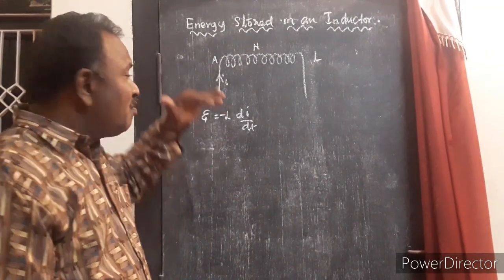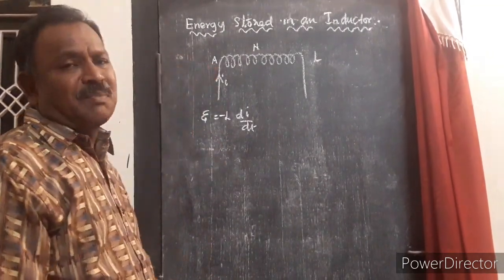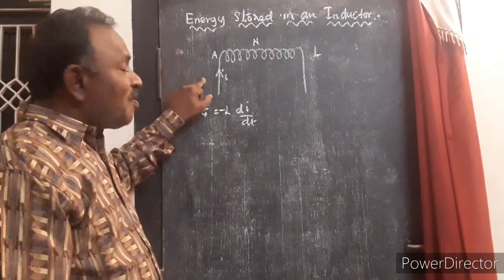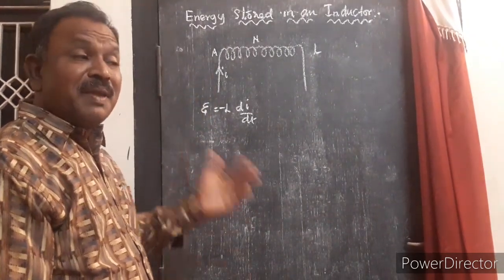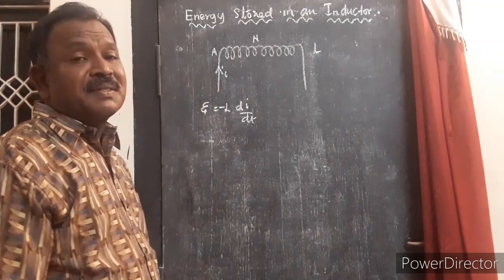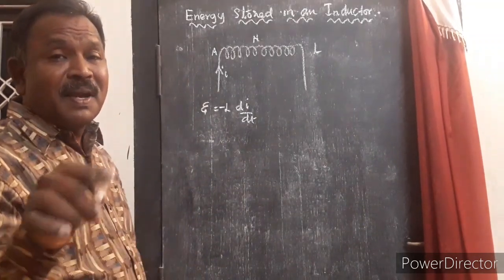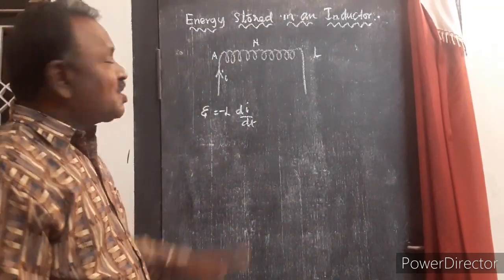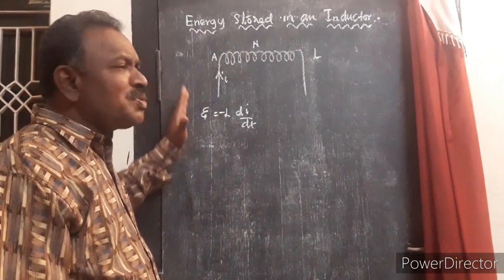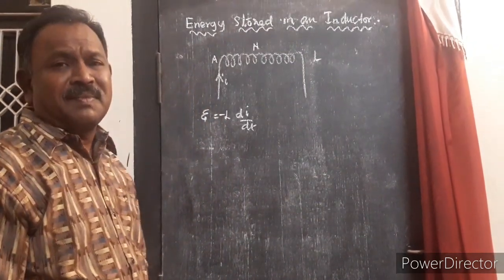Suppose I am forming the circuit. When I break the circuit, current will decrease; when I form the circuit, the current will increase. So this induced EMF opposes the increase in the current.